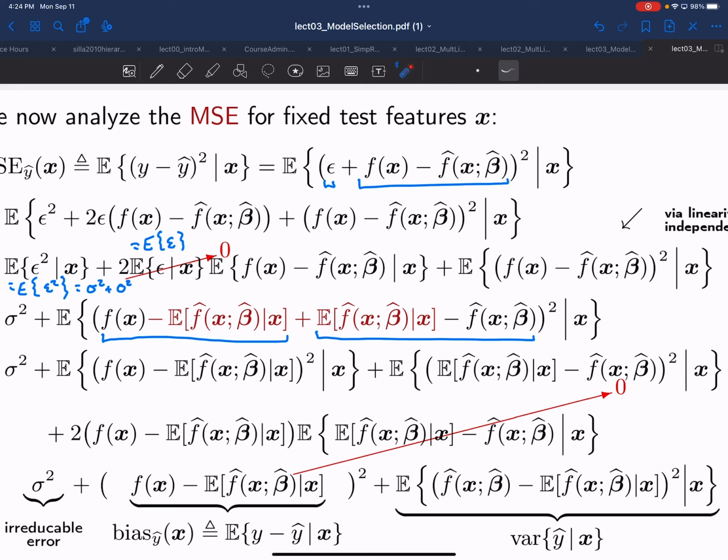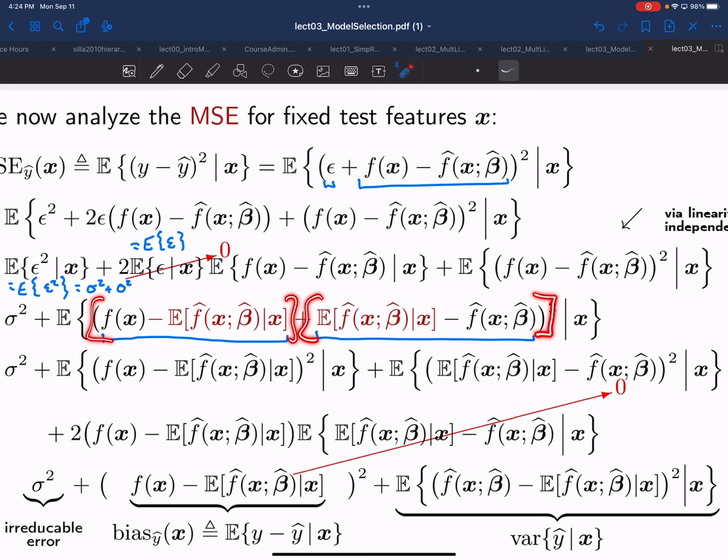Okay. Is that clear? These are the sort of things that, when you're seeing them for the first time, might not be so obvious, but the more of these you see, the easier it gets. Again, we're looking for the expectation of this thing times this thing.